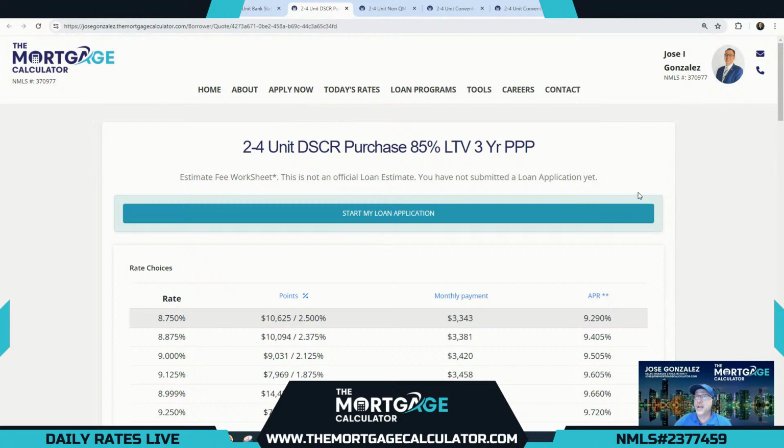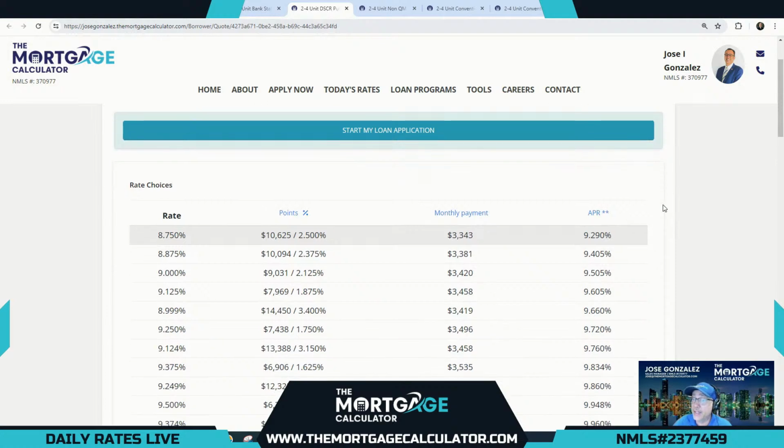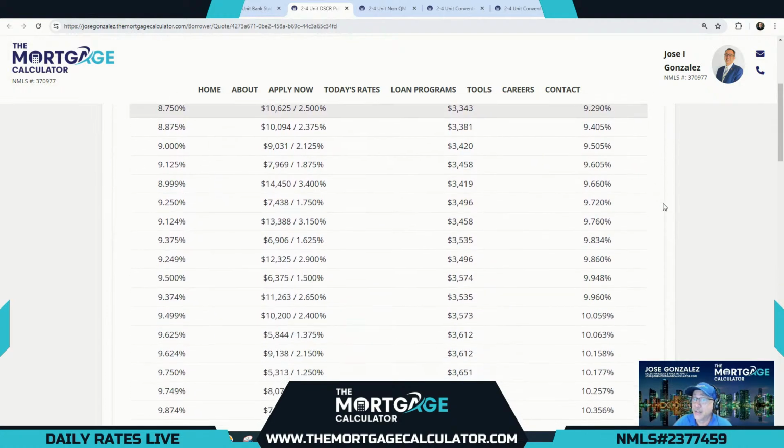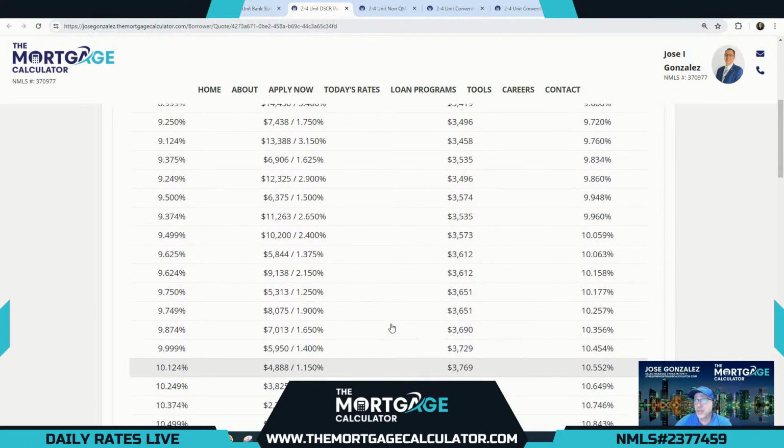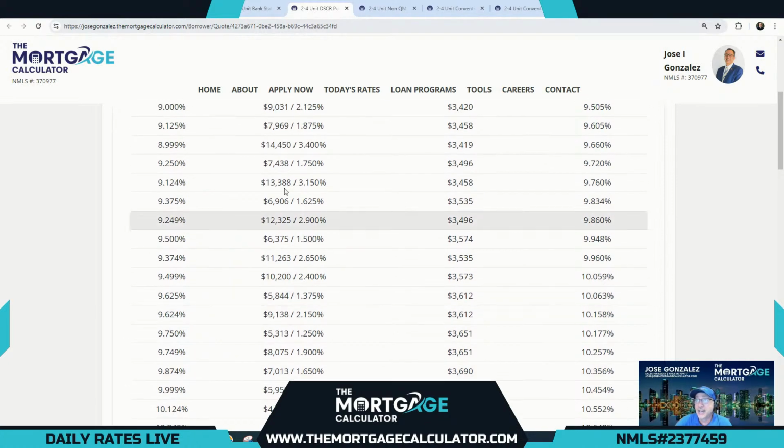And now I always like to save the best for last, right? Our DSCR purchase of a 4-unit property with only 15% down with a 3-year prepay. Oh, my rates got messed up here again. 10.624 is our lowest cost option on this one, and 8.999 our lowest rate option.